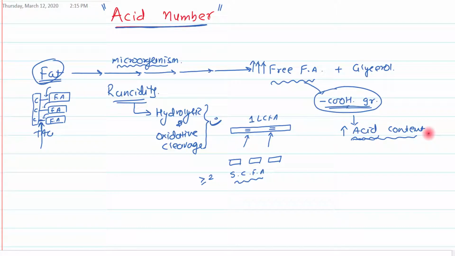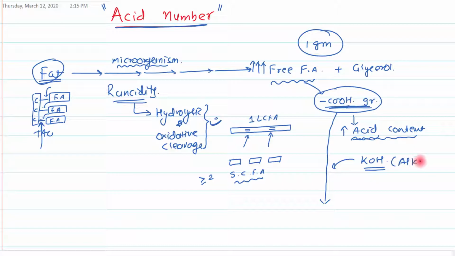Now, if you want to quantify how much acidic group is present, then we have to employ a certain technique, and the simplest one is titration. If you take 1 gram of any fat, you go on adding KOH, potassium hydroxide. Potassium hydroxide is an alkali, so it will neutralize this acid content. You go on adding potassium hydroxide until all the free fatty acid in this 1 gram of fat gets neutralized.